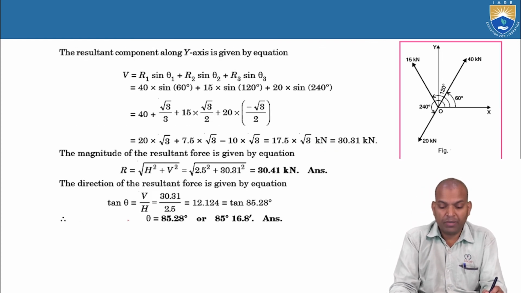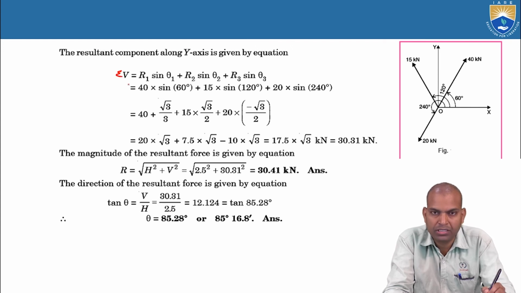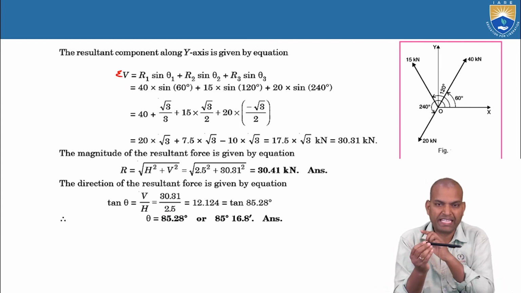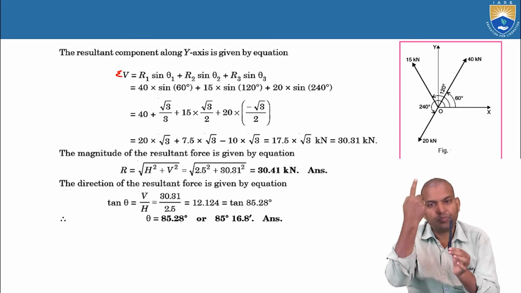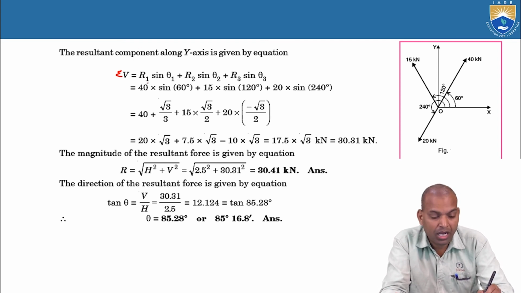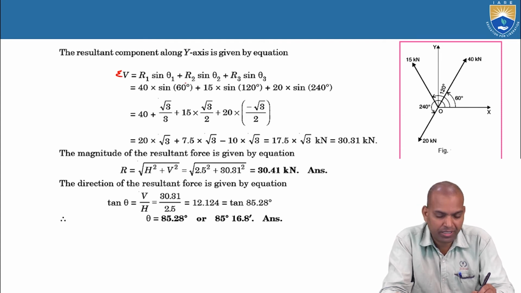And what about sigma V? Again, sigma V equals R1 sin theta 1 plus R2 sin theta 2 plus R3 sin theta 3, because all angles are considered with respect to OX. If you take vertically upward as positive y, all are positive values here.